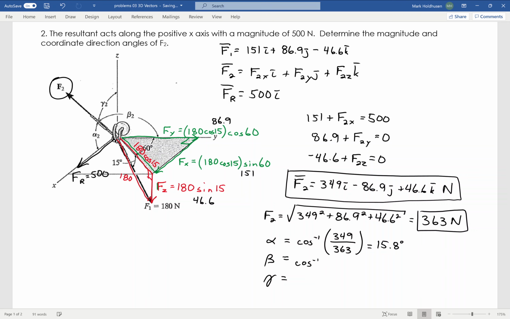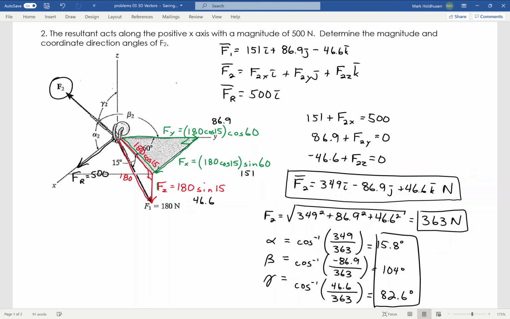This will be the inverse cosine of the y component, which is negative 86.9 over 363, equals 104 degrees. And this will be the inverse cosine of the z component, which is 46.6, divided by the magnitude, 363. That becomes 82.6 degrees.